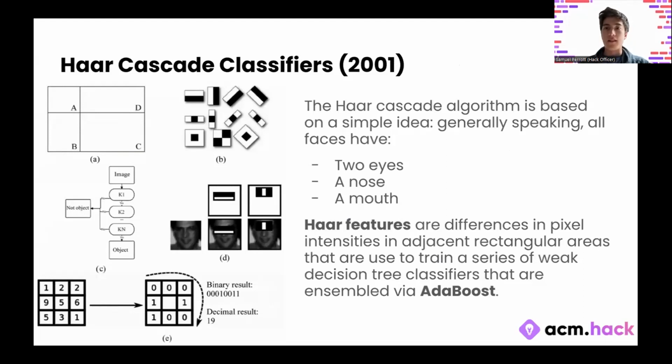What we're going to do is split the image into multiple different pieces, and then we will also have these features labeled as letter B, which are Haar features.